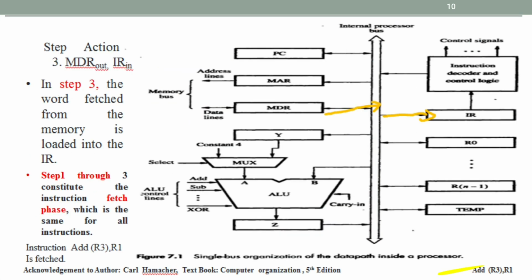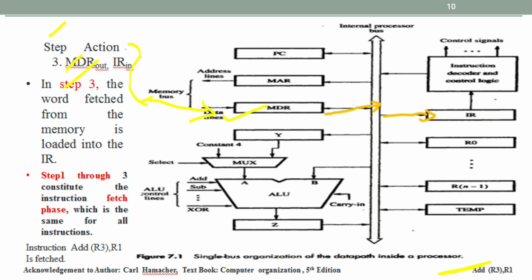Okay. Next, step 3 of the control sequence. In this, the first control signal is MDR out. By this time wait for memory function complete will have been over. Memory will have completed its work, meaning it will put this instruction word from its location onto the data lines of the external bus. So this MDR out control signal is given to MDR.